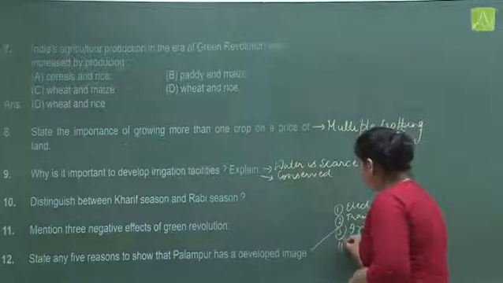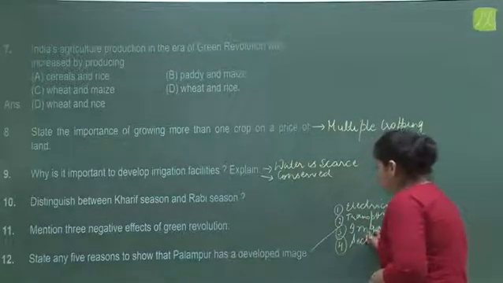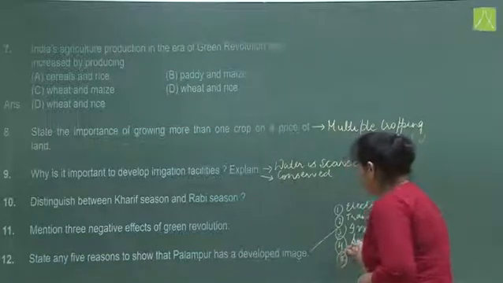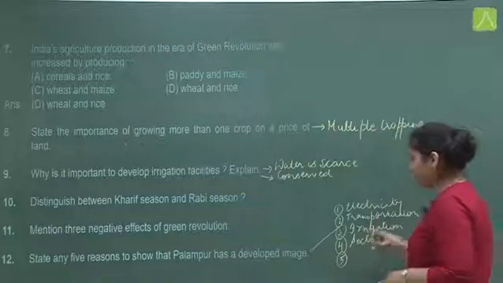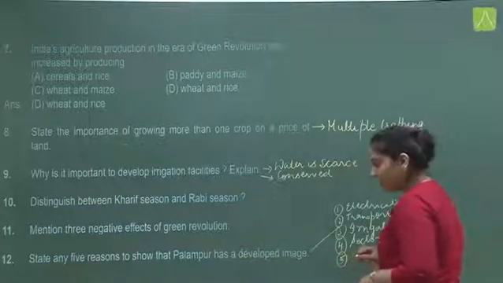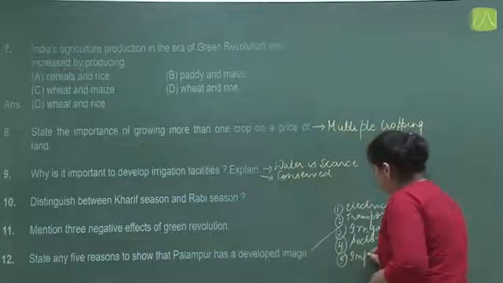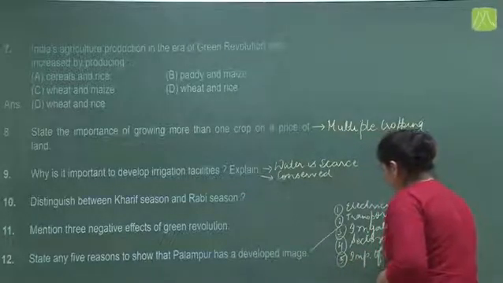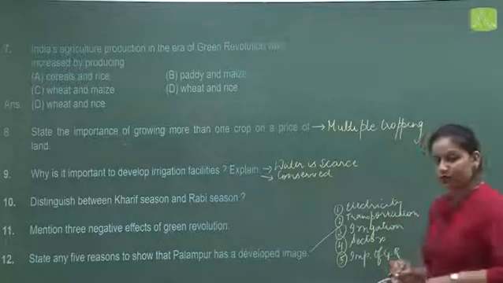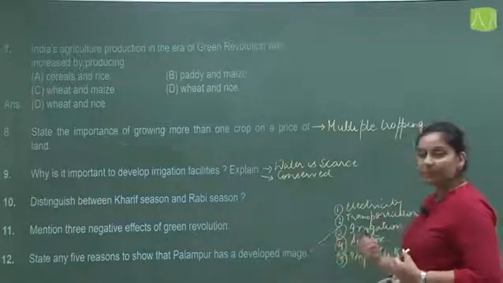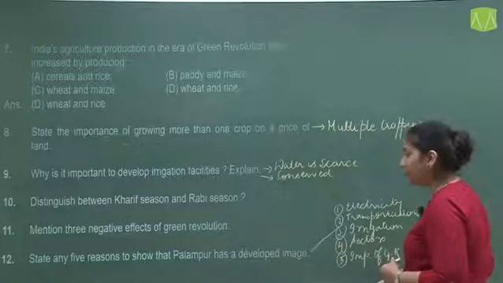The fourth reason is that here you have all the 3 sectors present, and the fifth point that you will relate with Palampur is related to the importance of green revolution. So, we have 5 points through which we can say that Palampur has a fairly well developed image.